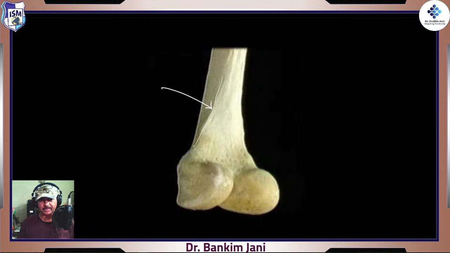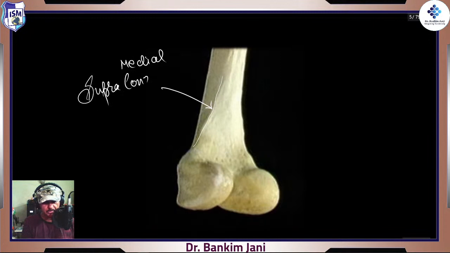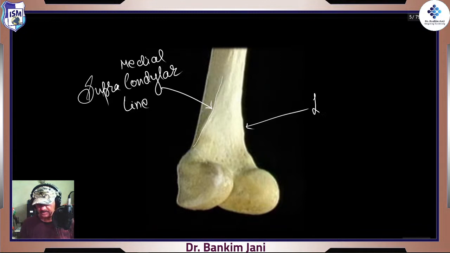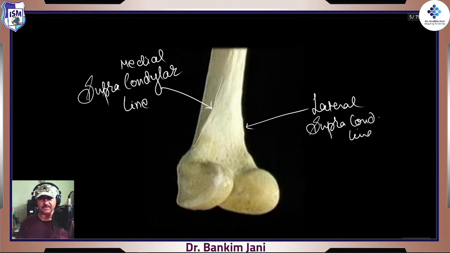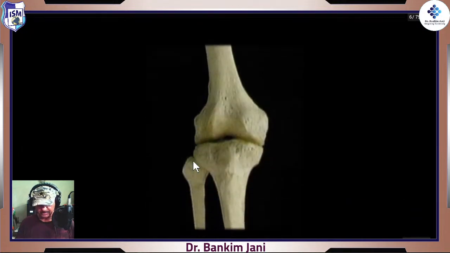Because now we are looking from the posterior aspect, this one would be the medial supracondylar line, and similarly, this one would be the lateral supracondylar line. I'm going through these areas quickly so that we can focus on the main stuff properly.